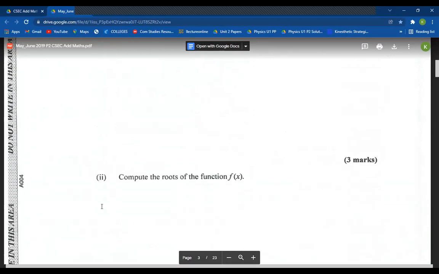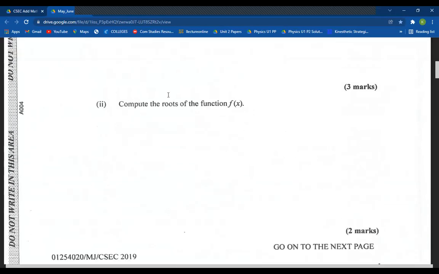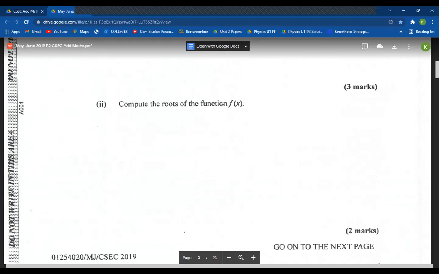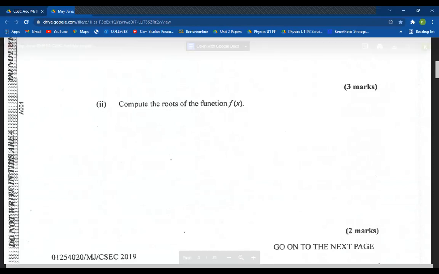3 marks. Then the second part, they wanted you to compute the roots of the function f of x. This is nothing new. When they want you to find the roots, what that really means is to solve the polynomial, right? Just like quadratics, when we factorize, we would find the two factors.